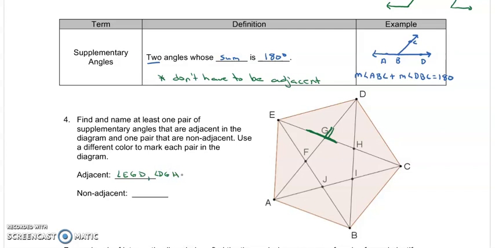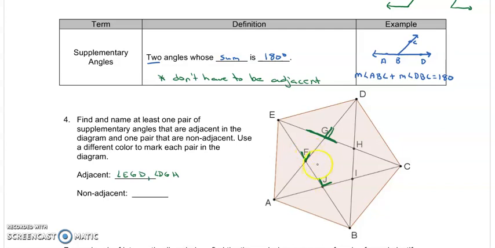And then we're looking for ones that are not adjacent. So ones that aren't necessarily touching, but will still add up to 180 degrees. So this could be something like EJI, this guy right here, and EFG, this guy right here.